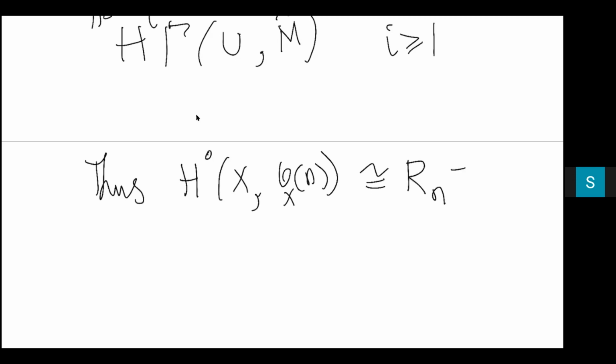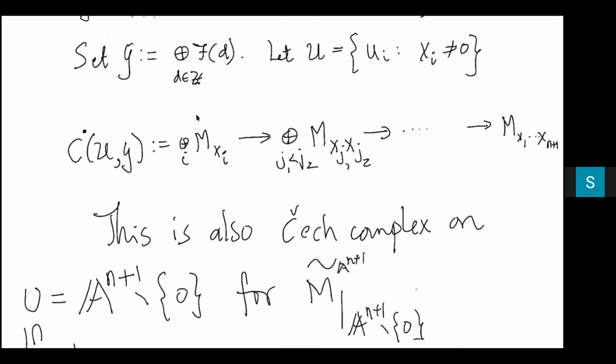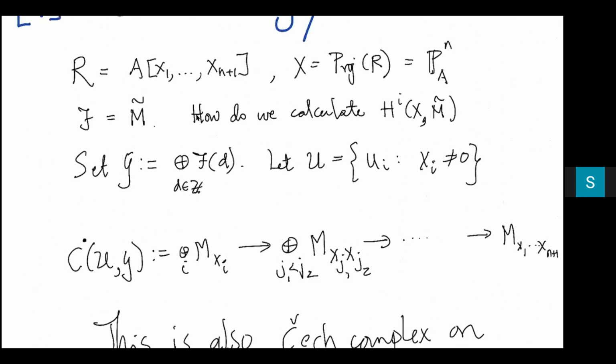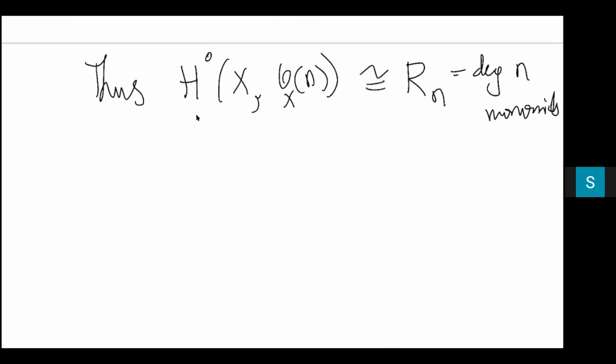This is the degree n monomials. Here I made a slight abuse of notation. I pretended that A was a field, since I said something is regular. If A is not a field, you can still use similar arguments. So let me just pretend that A was a field there, and so R_n is the degree n monomials.